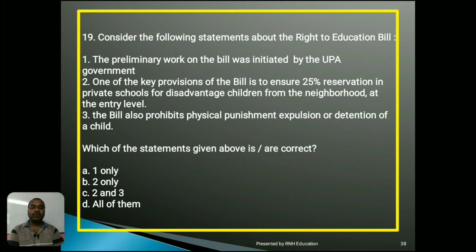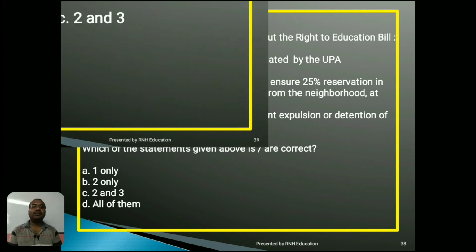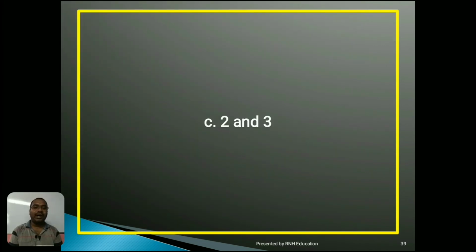And 3. The bill also prohibits physical punishment, expulsion or detention of a child. Which of the statements given above is correct? Options are A, 1 only, option B, 2 only, option C, 2 and 3, and option D, all of them. Now check the answer. The answer is option C, that is 2 and 3.